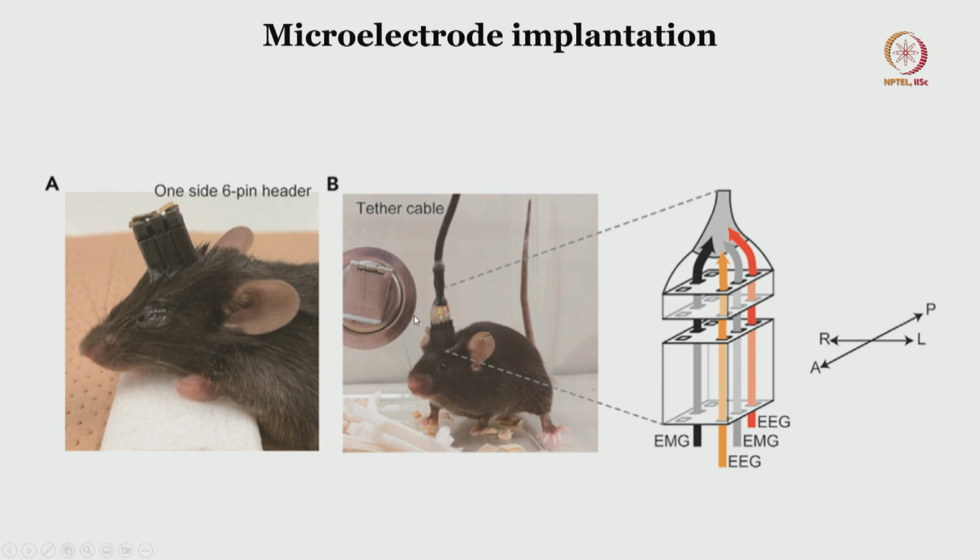The other option is to have a head stage, where what you are seeing here is the simple casing that they have done considering multiple electrodes, alright. But nowadays there are various digital interface devices, wherein a preamplifier and then an analog to digital converter, ADC, can be added in here to form what is known as a head stage, which is in line with the final implant that you are going to do.